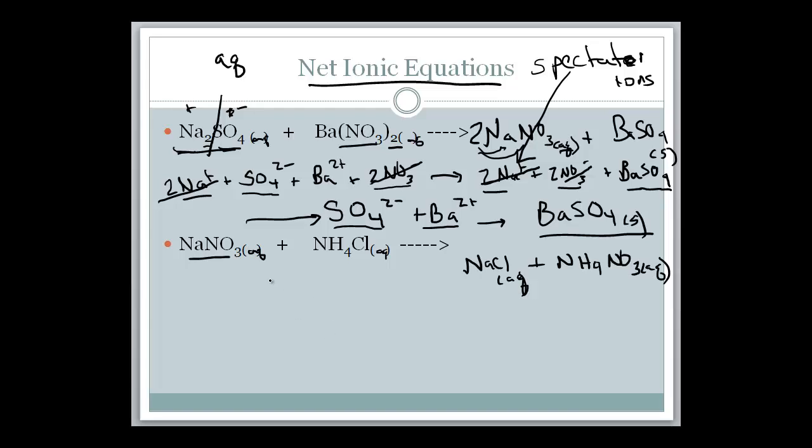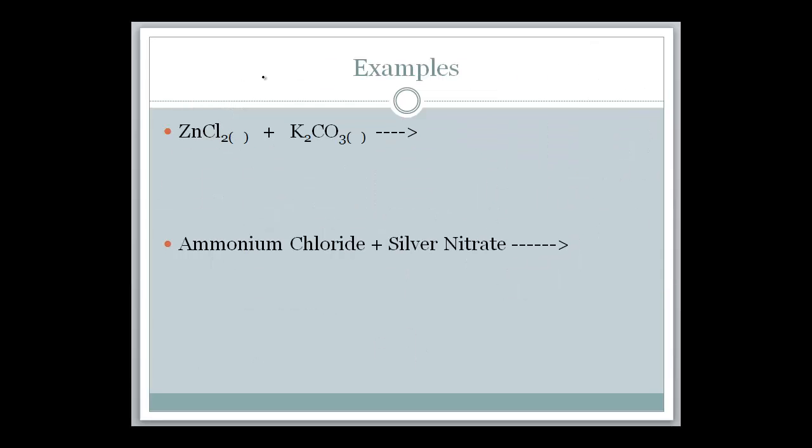So everything is aqueous. So if we were going to write this in ionic form, everything would be an ion on the reactant side and the product side. So everything is going to cross out here, and as we said before, that reaction would not happen.